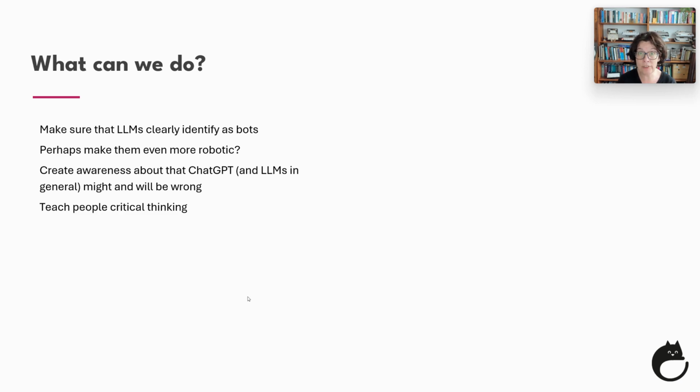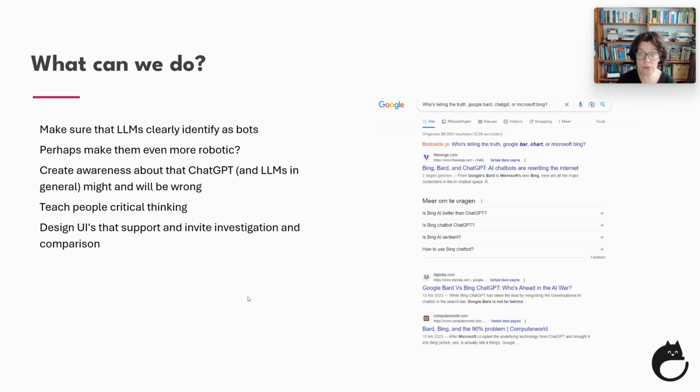Teach people critical thinking. Design user interfaces that support and invite investigation and comparison. Good old Google, before it decided to do something with AI. I mean, the beauty of a search page is that you have multiple results. So you're forced to compare results and form your own opinion.